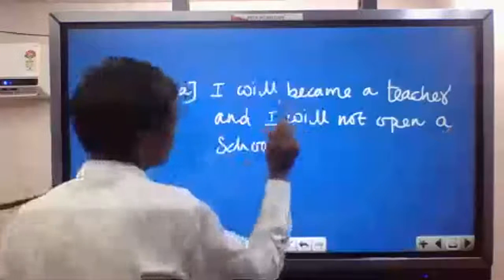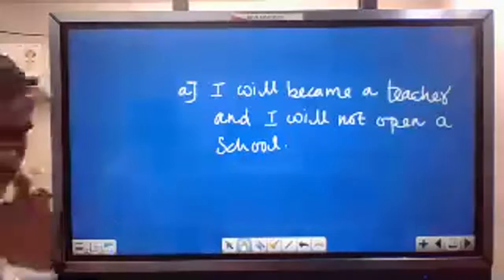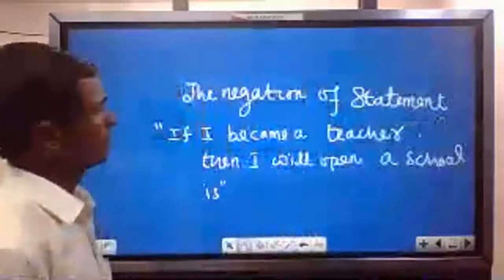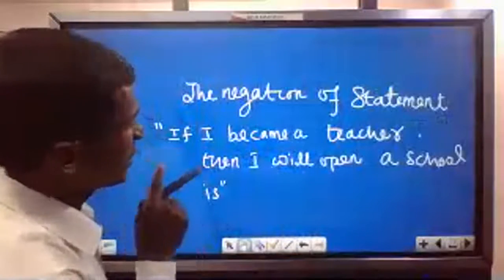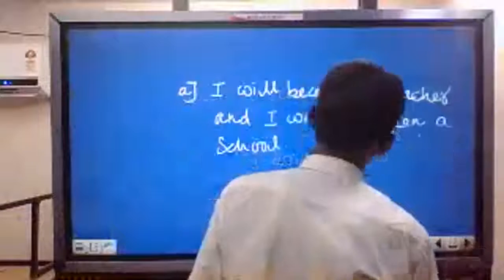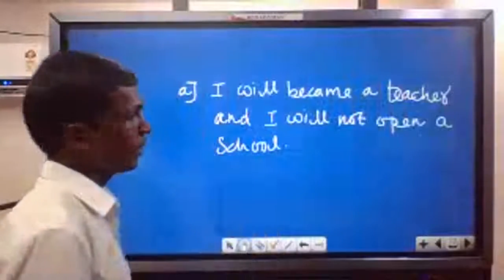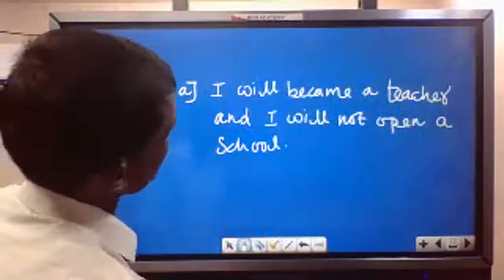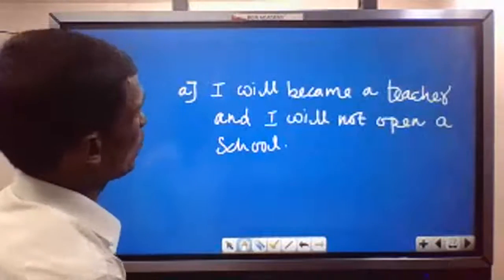In the first option, the given statement is, if I become a teacher, then I will open a school. In this question paper, the related options: first one, I will become a teacher and I will not open a school.